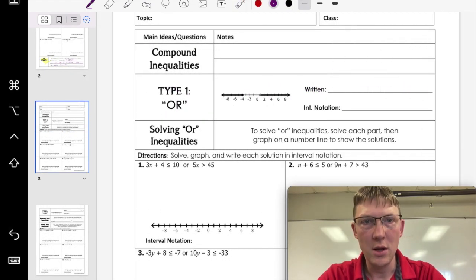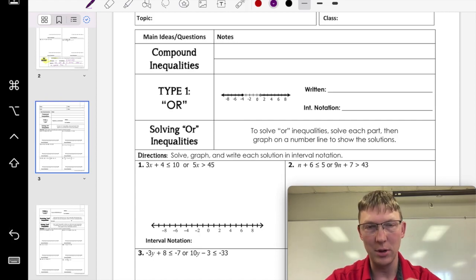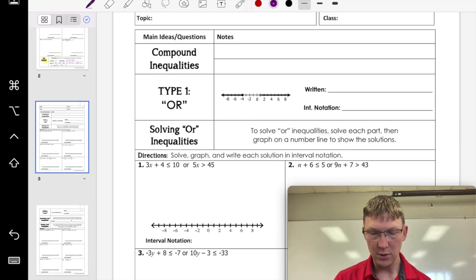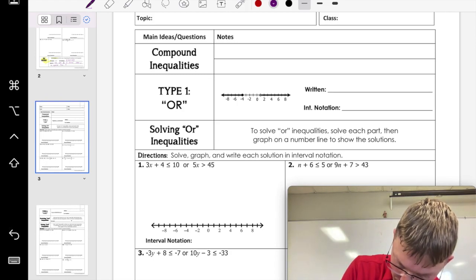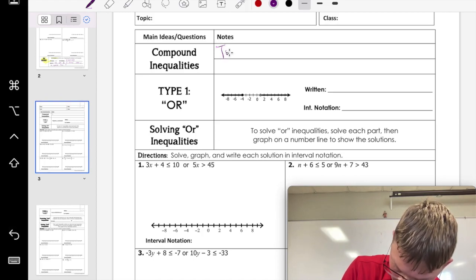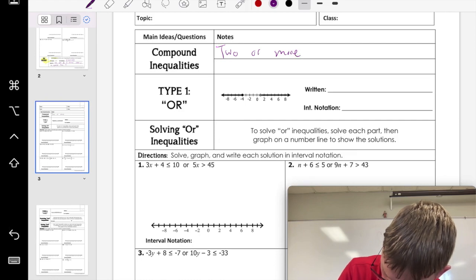So with inequalities, you can actually have a couple inequalities combined. We were talking about those intervals a little bit earlier, and this is just another branch of that interval type stuff. So a compound inequality is two or more inequalities graphed together on the same number line.